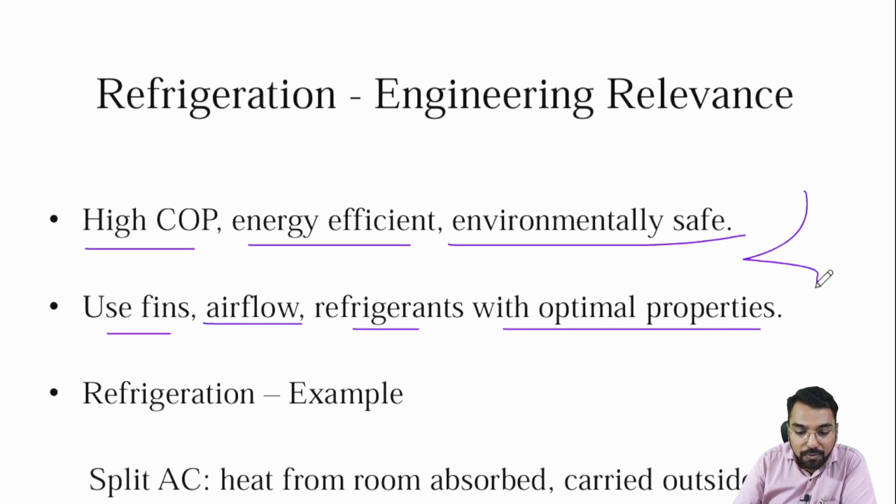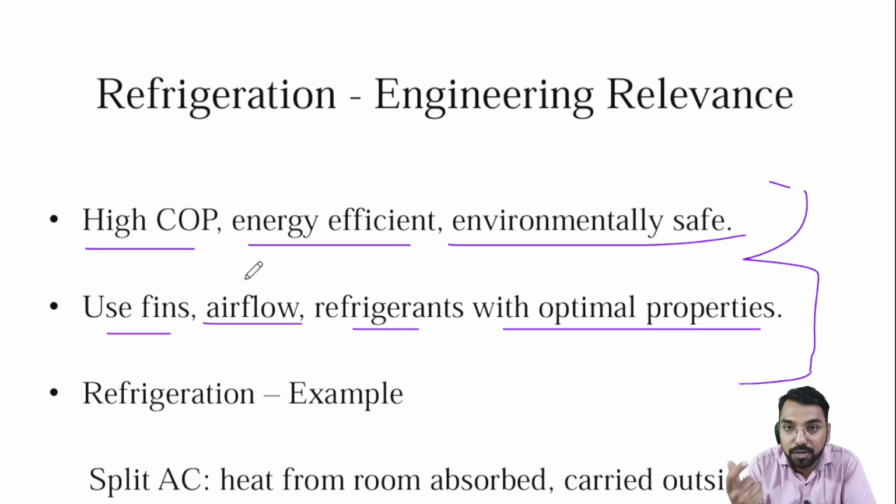If you design all of these according to your conditions, then you can get higher efficiency. And for this, you must understand what type of heat transfer is going to take place and how much heat transfer is going to take place. So both of these are needed.